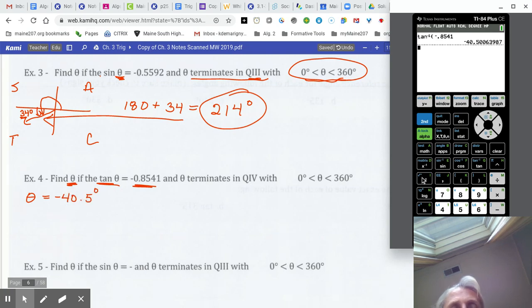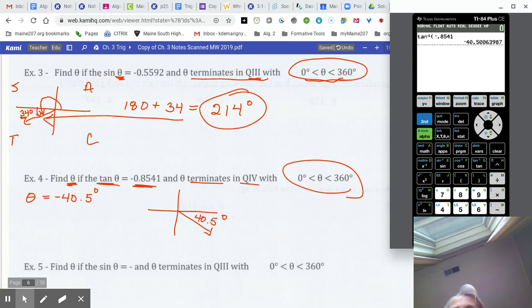Now, it tells me that I'm terminating in quadrant 4. All right, so if I terminate in quadrant 4 and I'm at a 40.5 degrees, because again, I'm restricted to once around the circle, it looks like my reference then is going to have to be my 360 that I would have had, and then take away the 40.5 that I didn't quite get there.